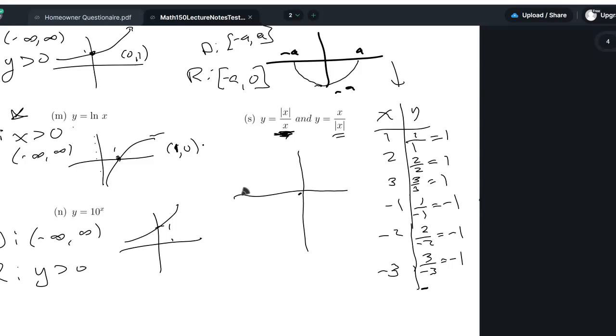So let's see if we can get a picture here. So when I plug in positive numbers, I get 1. And when I plug in negative numbers, I get negative 1. And I can't use 0, so I'm going to put a hole there at 0. So I'm going to call that graph, because it's just going to come up often.